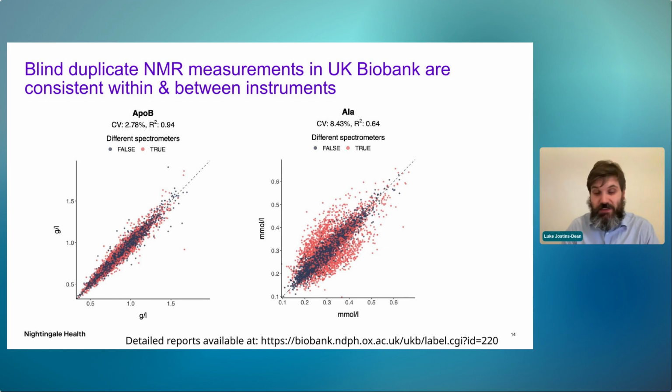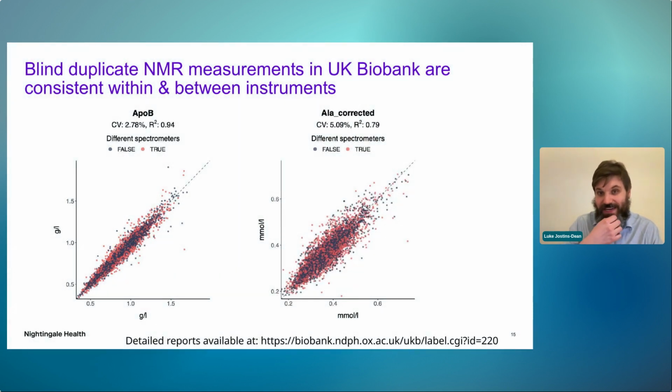Alanine was an example, where in the first batches we saw good consistency on the same spectrometer, but we were seeing noise going from spectrometer to spectrometer that was causing increased error. We've since corrected that effect, and now there is a spectrometer-corrected alanine available in the UK Biobank showcase as well. So that's now relatively accurate.